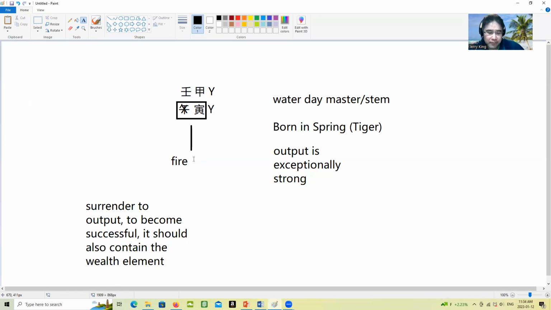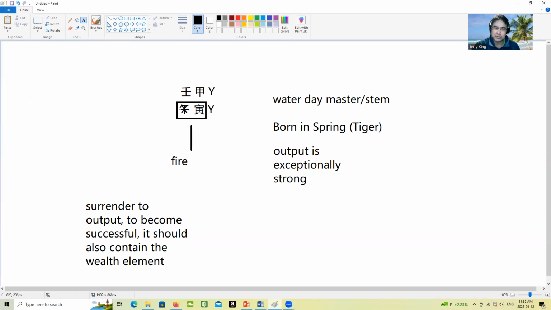So basically, if you surrender to output, ideally it is better to have your wealth element in your chart. And let's say you don't have the wealth element. It's not the end of the world. It's just that you have to wait until you encounter a cycle. So assuming, like, let's say there's no horse here, right?